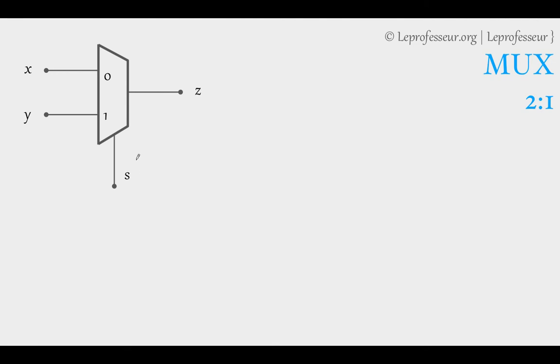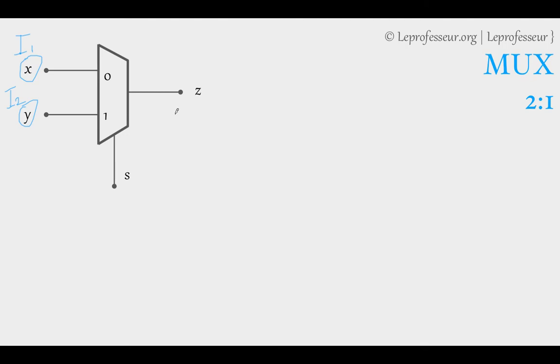So what is it? As we know, we have two inputs, X, input one, and Y, another input. Now what a multiplexer does is pass on to the output either of the inputs I1 or I2.